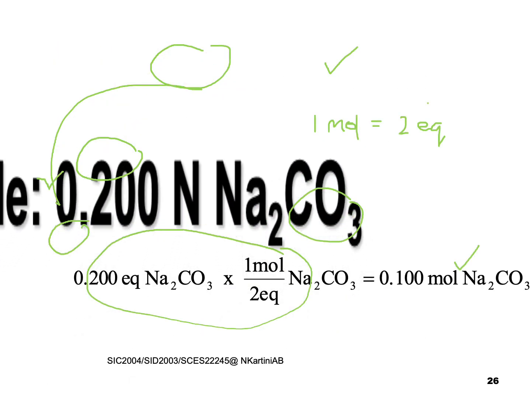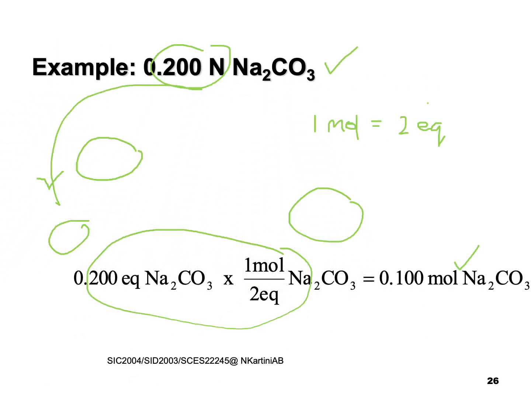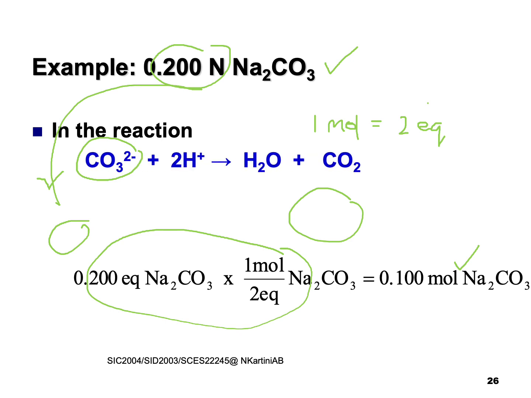In this slide, we are going to learn how to convert normality to molarity. By looking at this unit, normal, and then the value 0.2, what does it mean? 0.200 normal sodium carbonate. Before we start calculating, you should know what reaction is involved for this species. This is an acid-base titration.